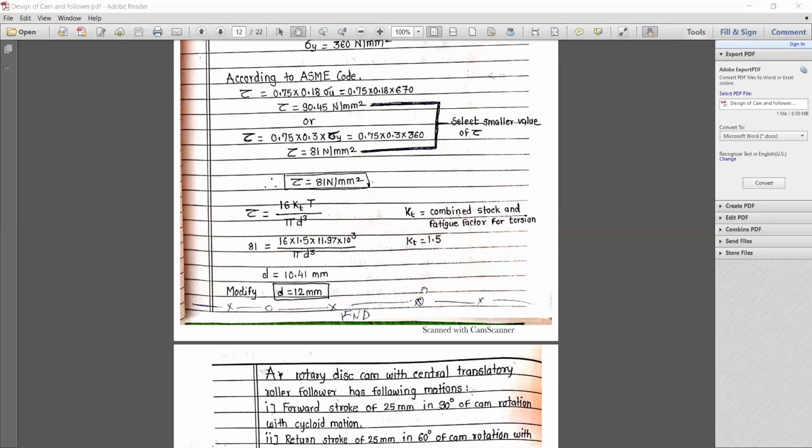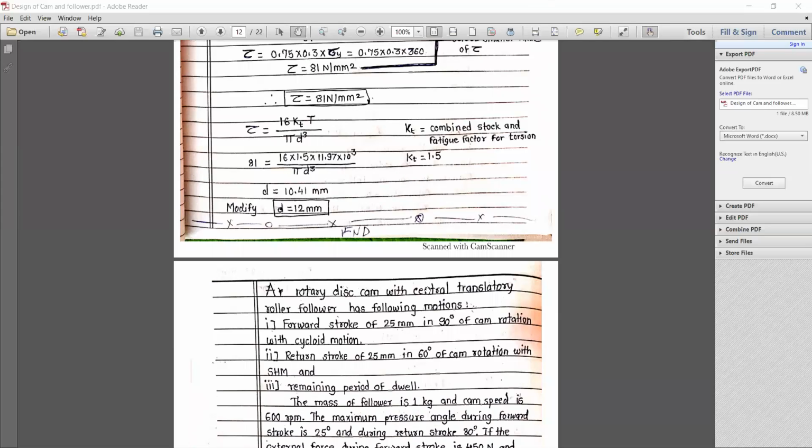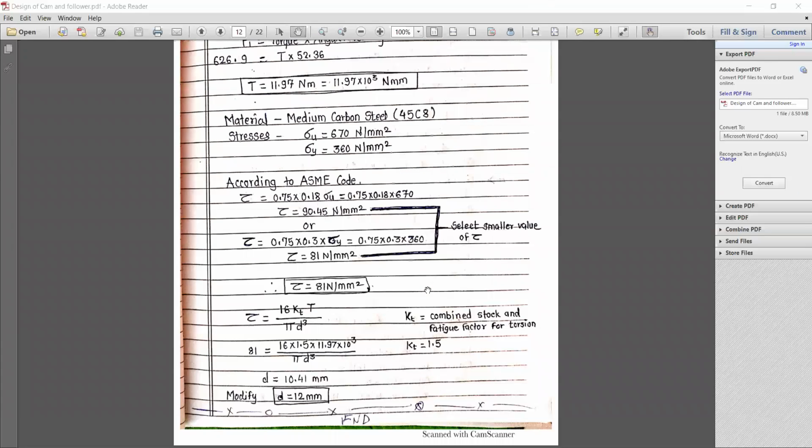In the next lecture, we will discuss the rotating disc cam with a center translatory roller follower having cycloidal forward motion and simple harmonic return motion, and other types of motions.